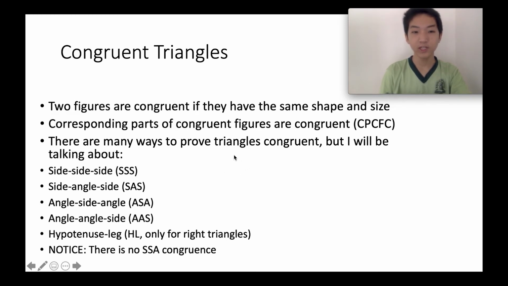There are many ways to prove triangles congruent, but I will be talking about side, side, side; side, angle, side; angle, side, angle; angle, angle, side; and hypotenuse, leg. If you don't understand what any of those means, it's fine, because I'll be going over those in a minute. A quick notice, there is no SSA congruence, and I'll be going over why in a moment.